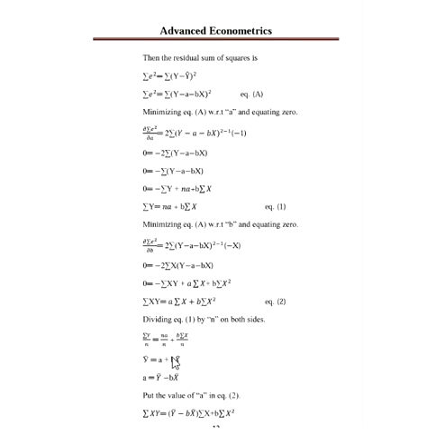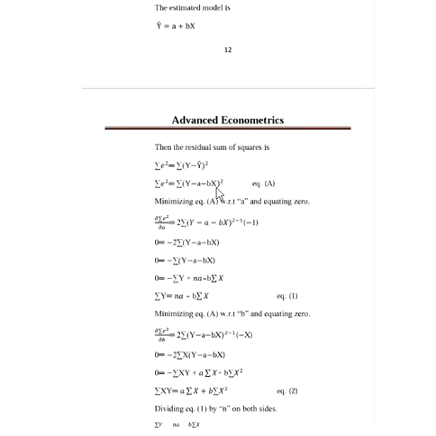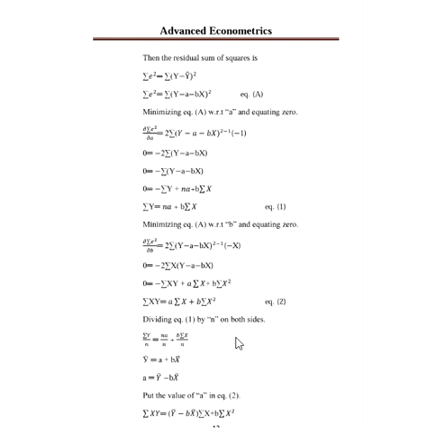So here is the estimated equation for y, which is y hat equals a plus b x bar. Okay, now if we want to find the value of a from here, what we have to do is transfer this b x bar to the left side of the equation.